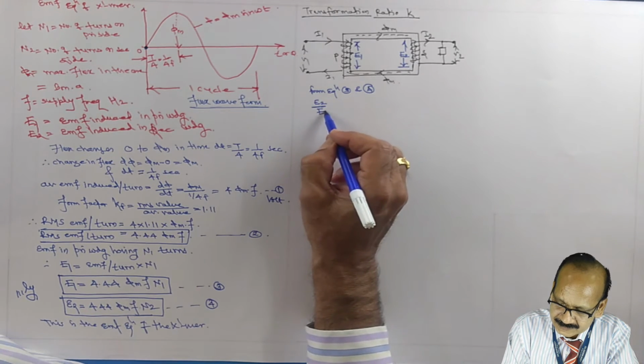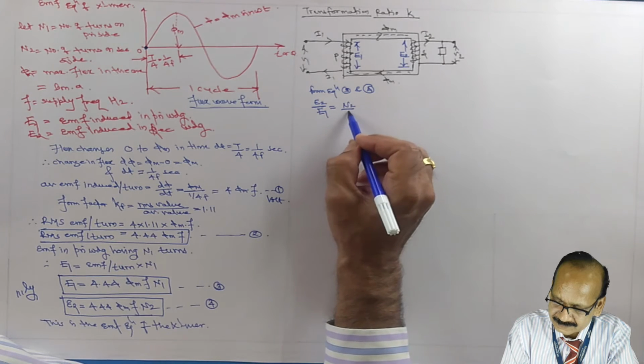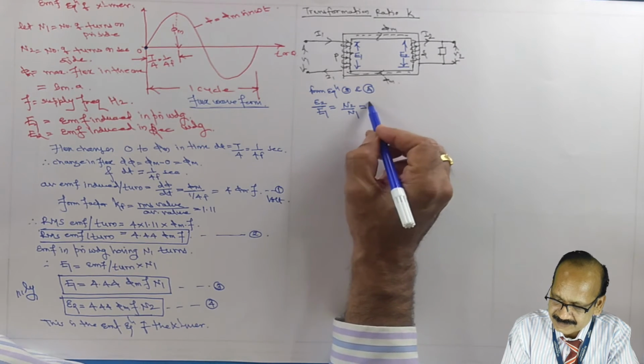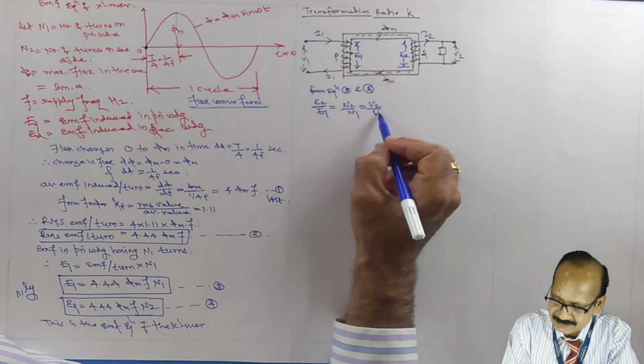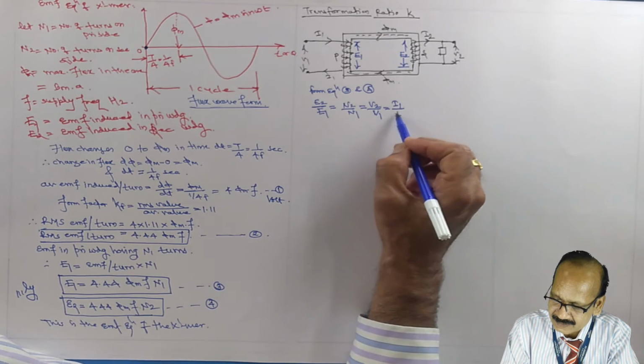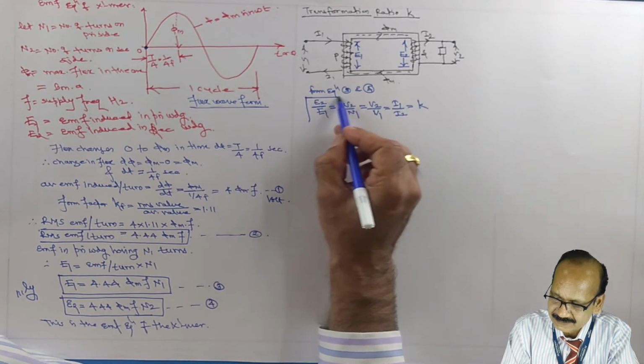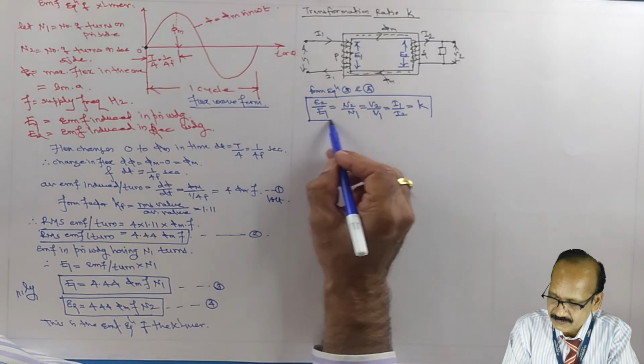Then from equation 3 and 4, E2 upon E1 equal to N2 upon N1. This can be written as V2 upon V1 and I1 upon I2 equal to K, where K is the transformation ratio.